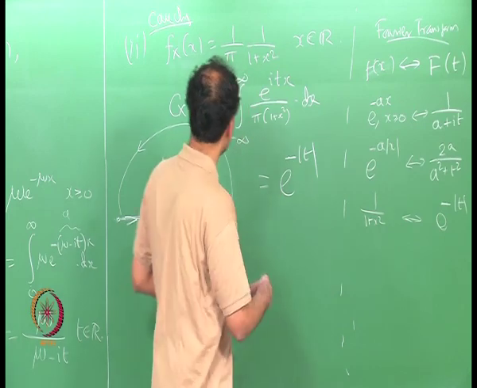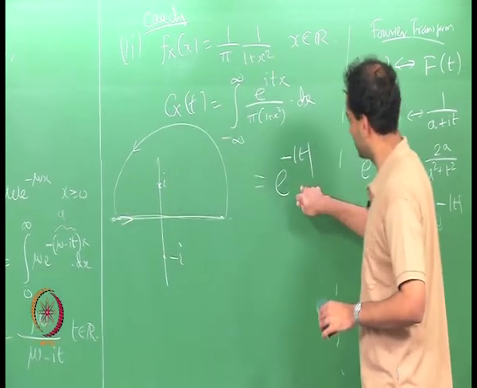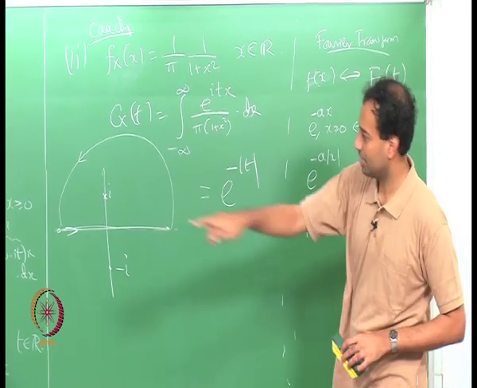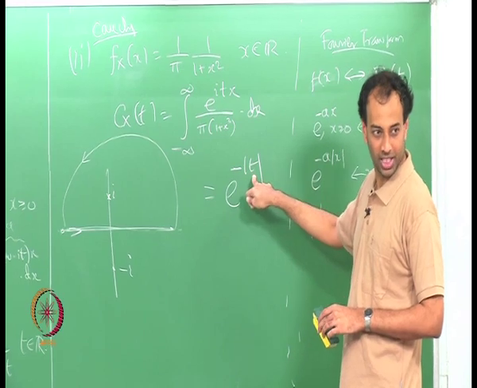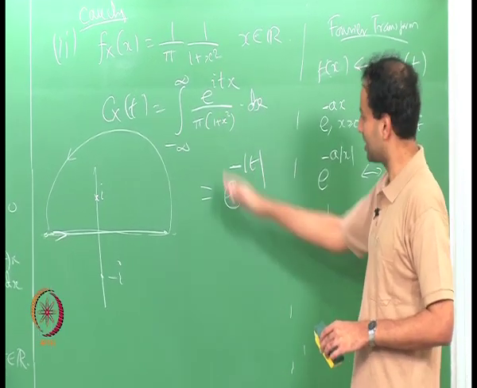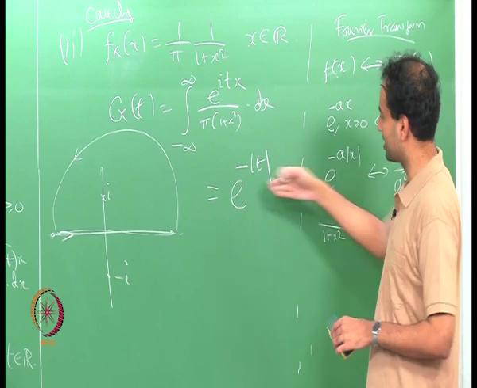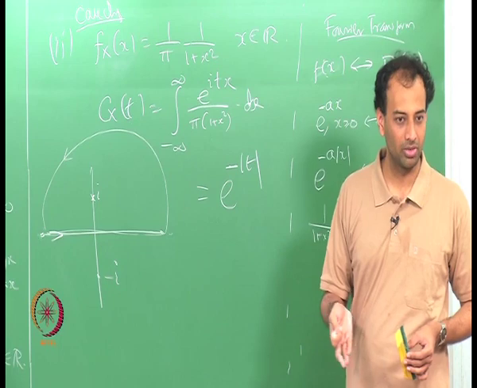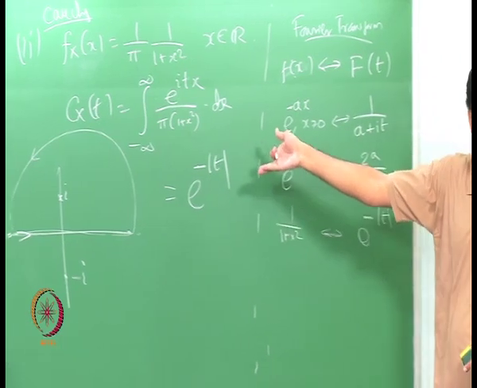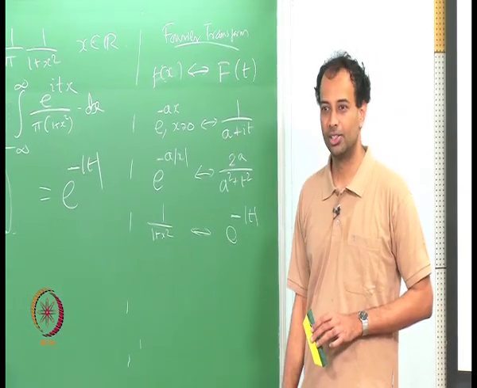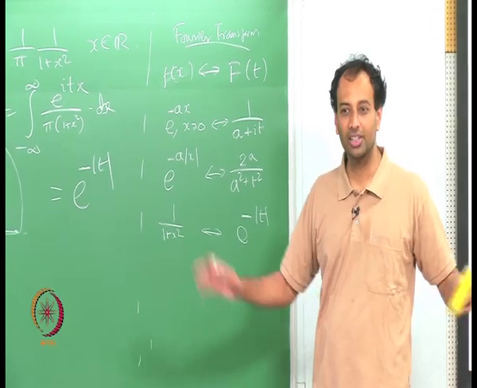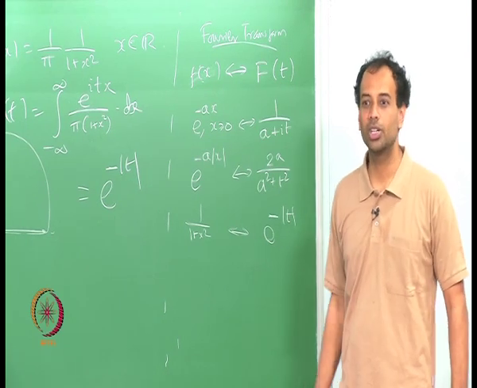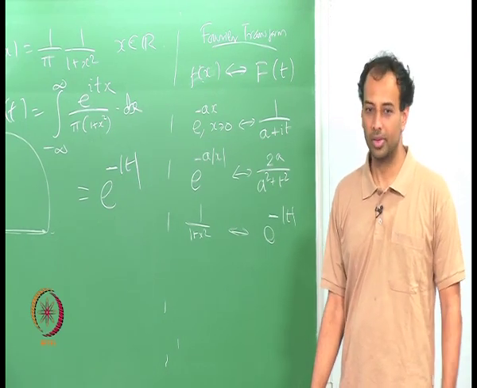The characteristic function of z looks of the same functional form, e power minus a absolute t, and therefore z must also be a Cauchy distribution, with parameter 2. So using characteristic functions you can figure out that the sum of two independent Cauchys is also a Cauchy, which you cannot figure out using the moment generating function.